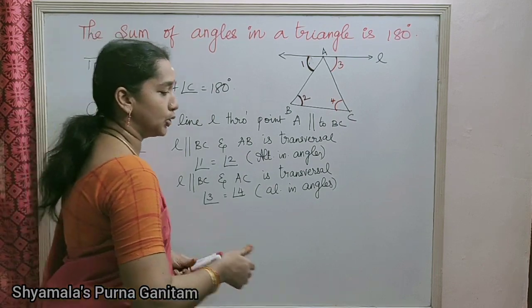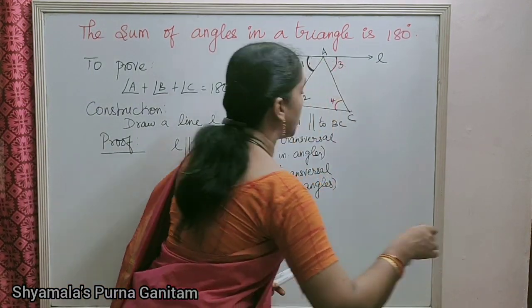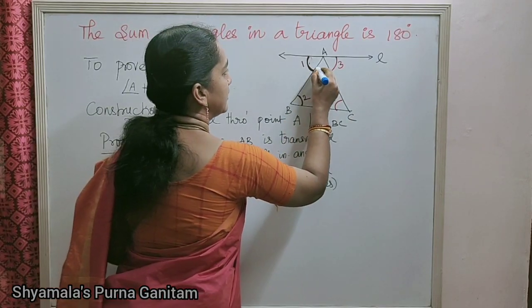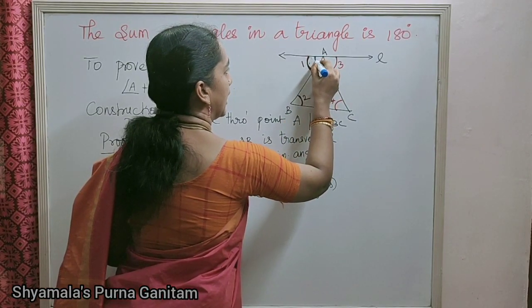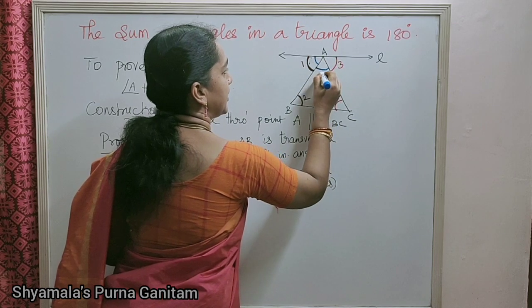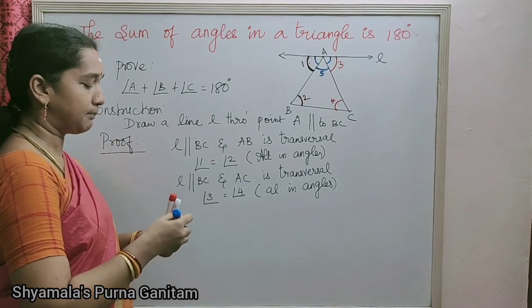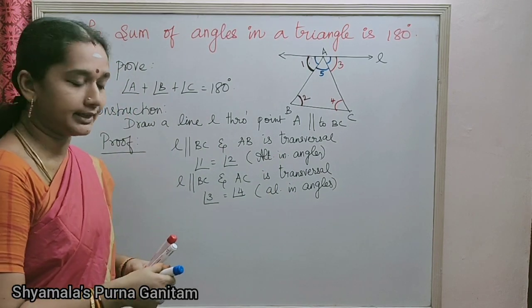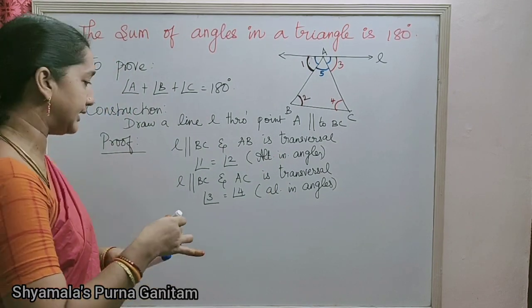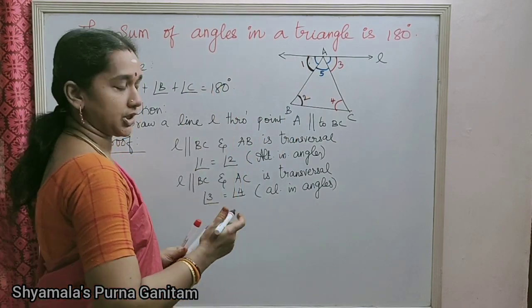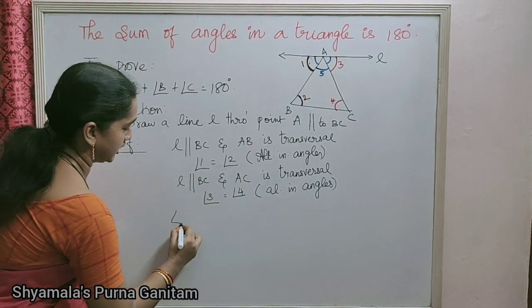But we know that angle 1 plus 2 plus 3 is equal to 180 degree. Here we will name it as 5. Angle 1 plus angle 5 plus angle 3, if you add it, we will get 180 degree. How? It is the angles in a straight line.